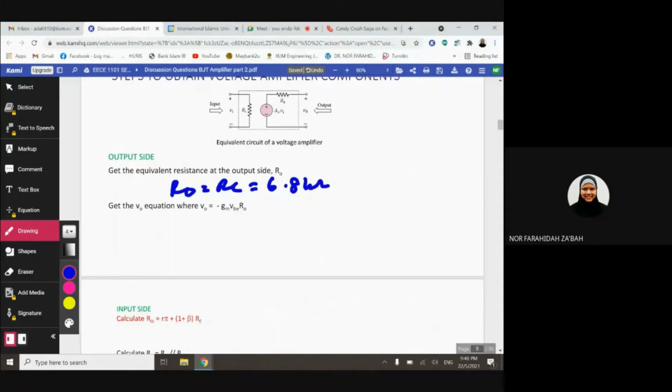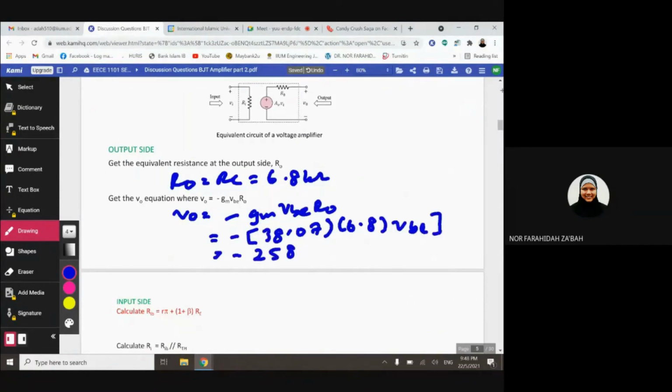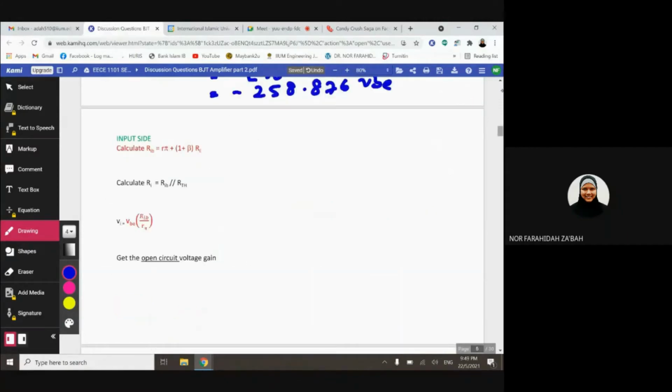Then the V out equation is equivalent to minus GM VBE R0, which means minus 258.876 VBE. So that's the V out equation.